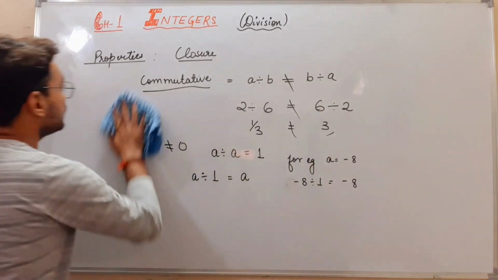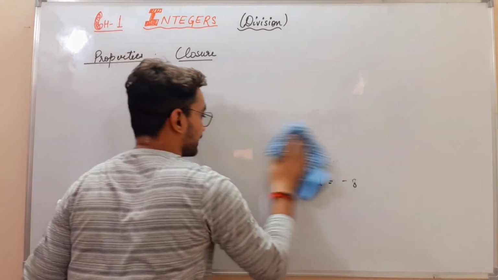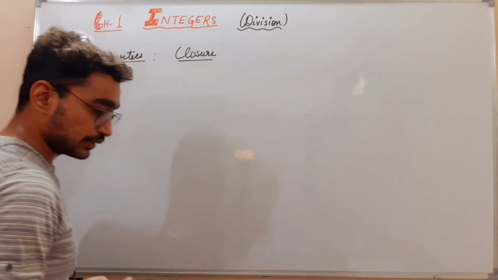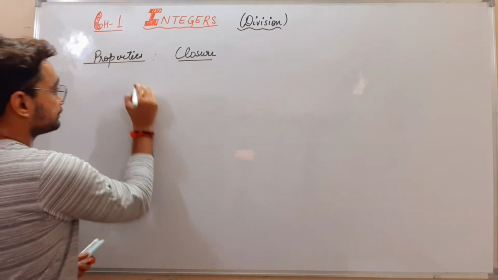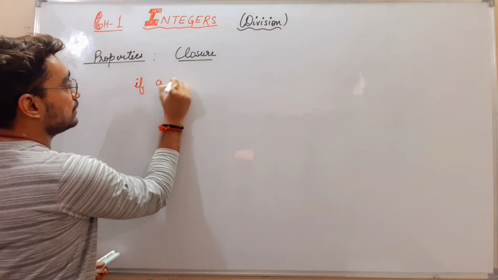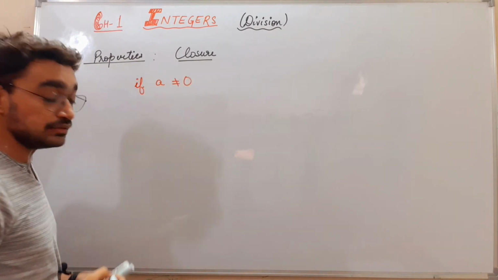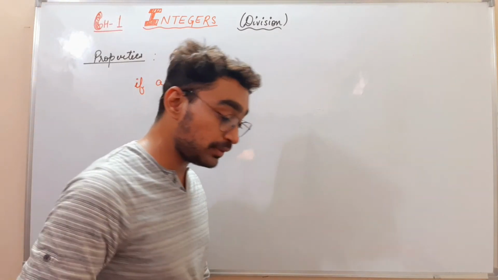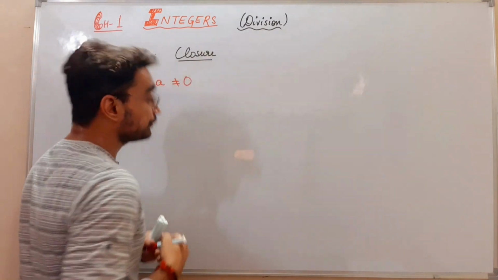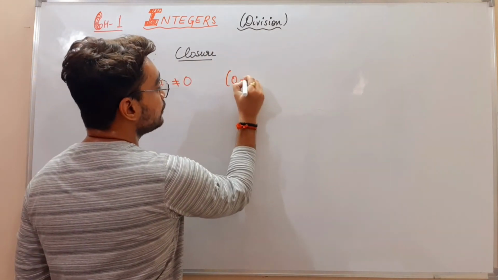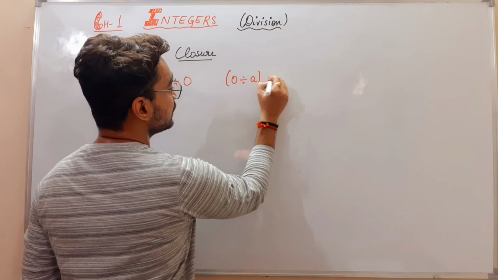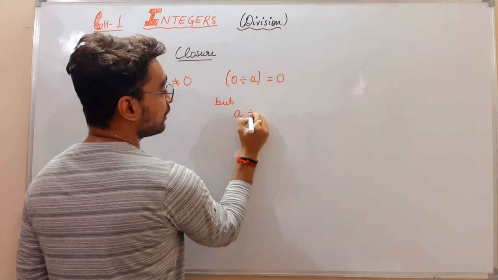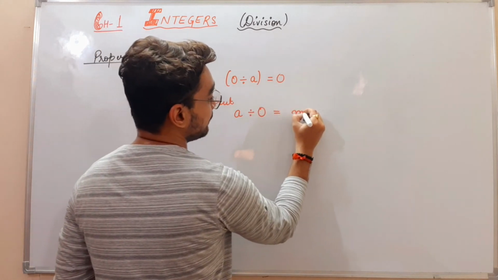One more special property is that if A is not equal to 0, meaning it might be a negative number, it might be a positive number, but it should not be equal to 0, then 0 divided by A is equal to 0, but A divided by 0 is meaningless.